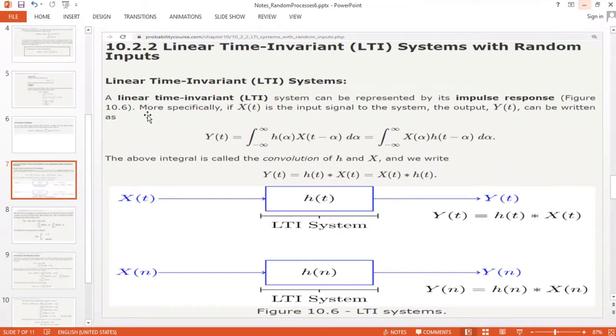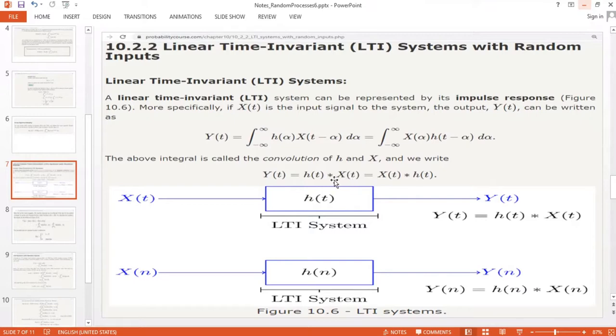More specifically, if X(t) is the input signal to the system and the output signal is Y(t), it can be written as Y(t) equals h(t) convolution X(t). So h(t) is the impulse response of this system, X(t) is the signal, and this star is convolution.